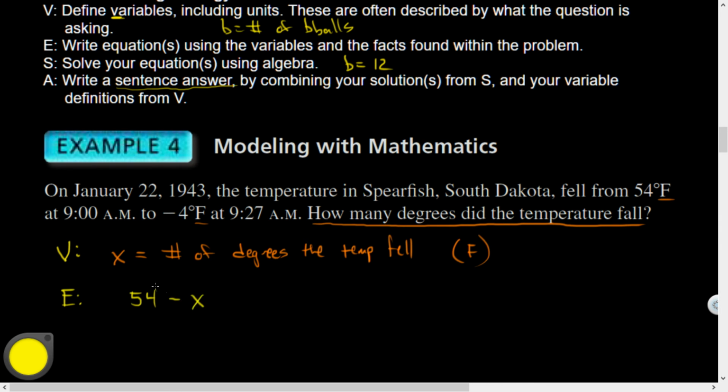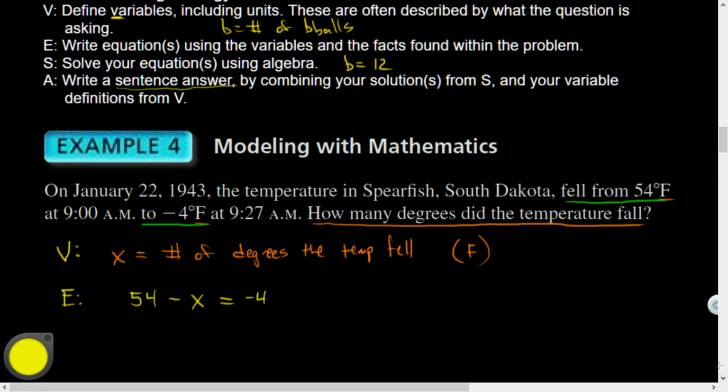It subtracted the number of degrees it changed by. And that should equal negative 4. We literally get that just from, so it fell from 54 to negative 4. I didn't need to know the time. I didn't need to know the date. I didn't need to know anything about Spearfish, South Dakota. I just needed to write an equation using this fact.